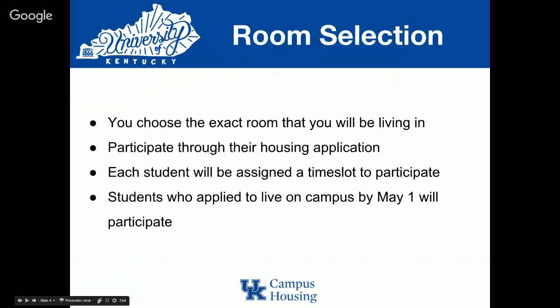So the earlier you apply, the earlier your time slot will be. And as long as you applied for housing by May the 1st, you will be able to participate in room selection. So be on the lookout for that email. And if for some reason you don't receive it in the next 2 weeks or so, then you should contact the campus housing office.